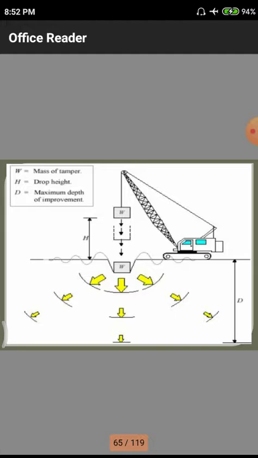The weight creates some pressure on the particular soil strata.